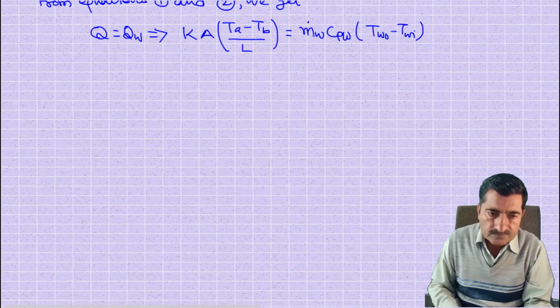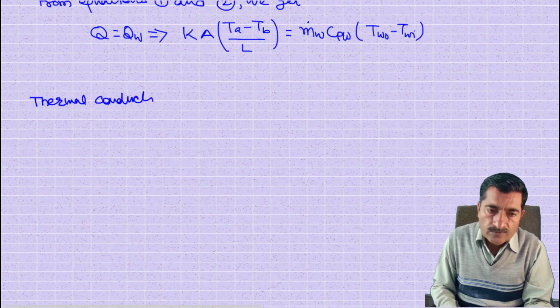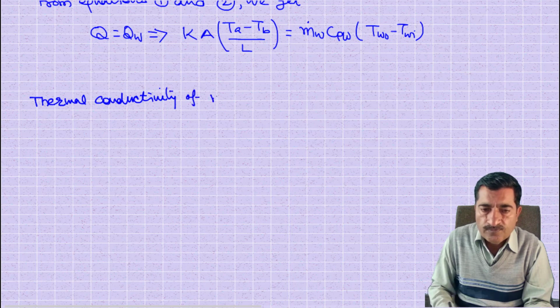Here K is the thermal conductivity of metallic rod.